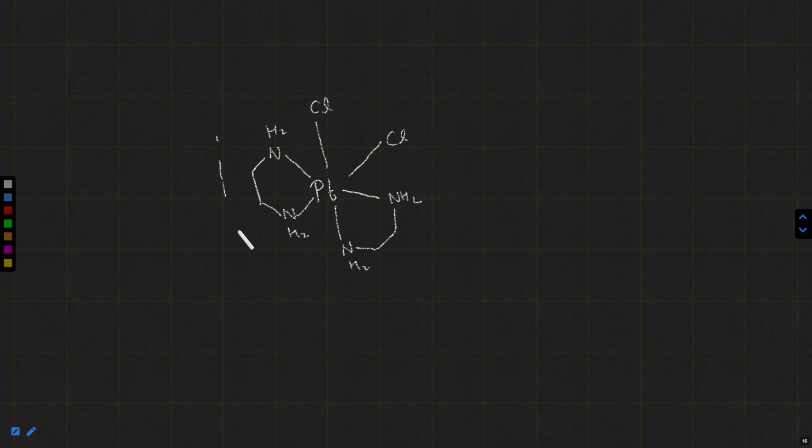If you cut it in this fashion, those ligands will be cut, and the ones falling within the plane you don't have to look at. The ones not falling on it are this Cl and this NH2. You can see very clearly that on the upper side we have Cl, whereas on the downside we have NH2. So this does not have a plane of symmetry.